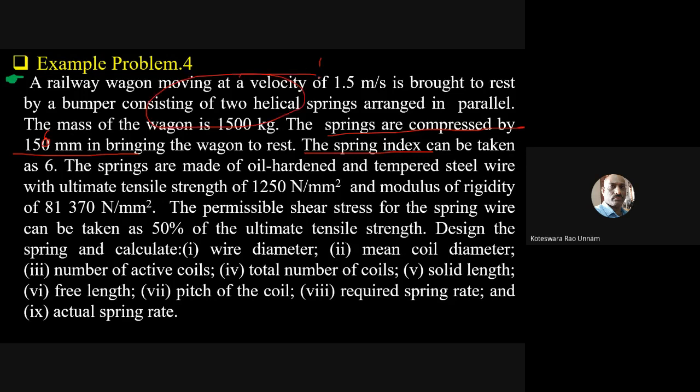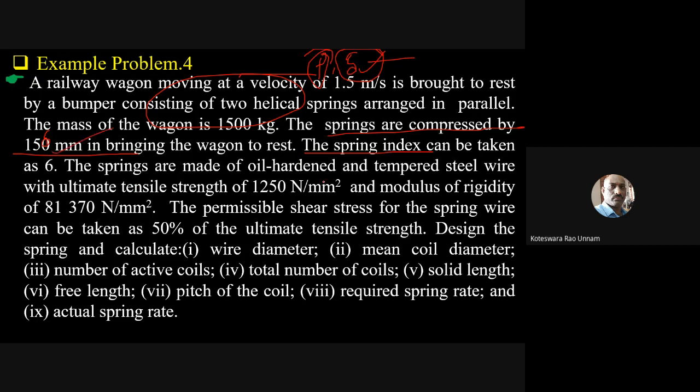Load is P. You require P and delta to design a helical spring. In the first problem, both are given directly. In the second and third problems, delta is given indirectly. In this problem, the load is given indirectly and delta is given directly.